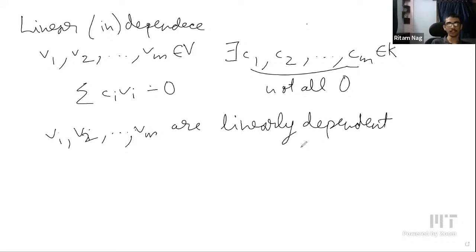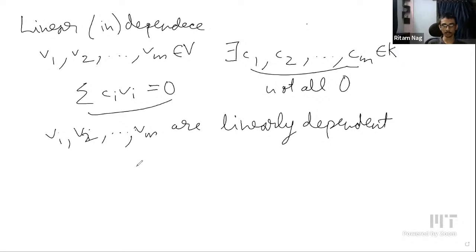And if they are not linearly dependent, we call them linearly independent. So basically, you should have a non-trivial linear combination. By non-trivial, I mean not all Ci should be 0. If you put all Ci 0, then you will obviously get 0. But if you have any non-zero linear combination of the Vi which adds up to 0, then you say that the Vi are linearly dependent.